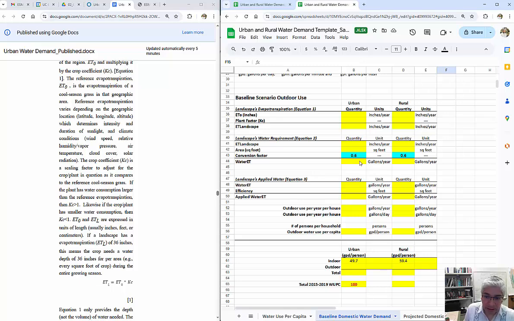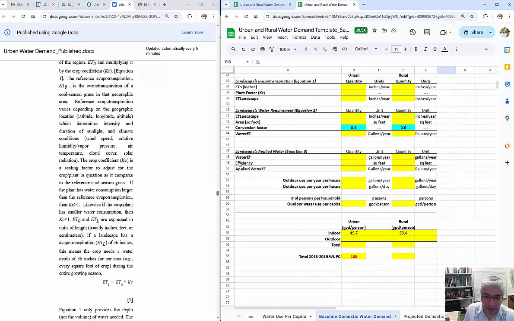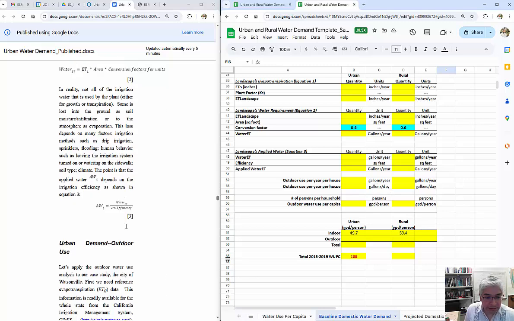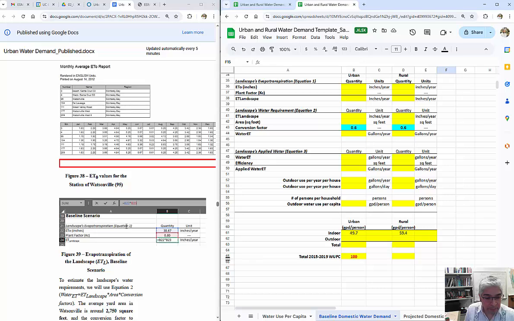Then convert this into gallons per year. And then we're going to be working with the irrigation efficiency to see how much water is applied. We'll get the outdoor use per year, and that will give us the outdoor use per capita, in gallons per year, gallons per day, and so on. So let's get going on that one.